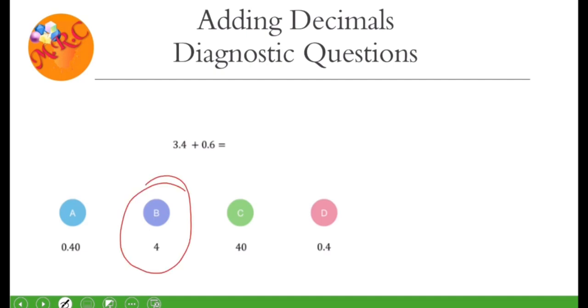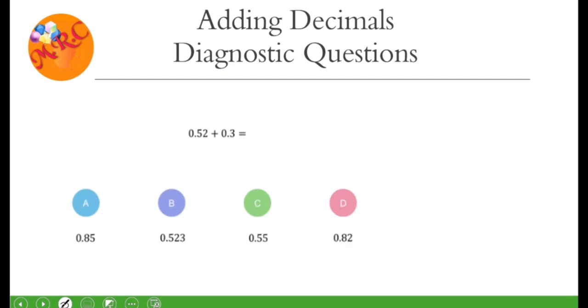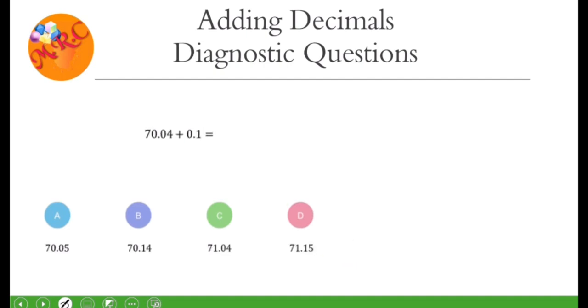The answer is B. Continuing. 30 seconds. So 0.52 plus 0.3. 5, 4, 3, 2, 1. The answer is D. Next question.